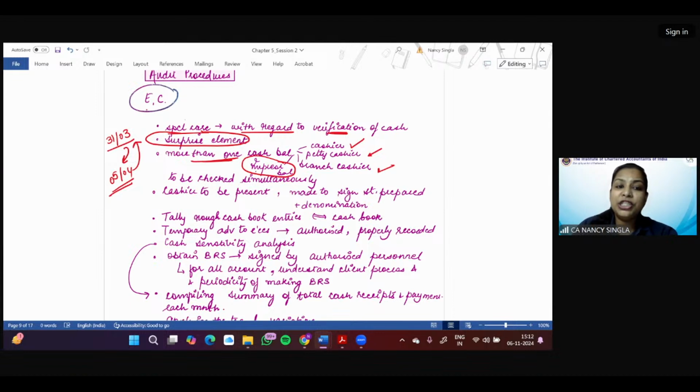So these should be checked simultaneously. Why? Because the deficit in one balance should not be compensated from the other balance. So if you are checking it simultaneously, it will not be possible for the management to make the deficit of one cash, let's say with respect to one cashier, branch cashier, it will not be possible to put that money here also, right? So it should be checked simultaneously.